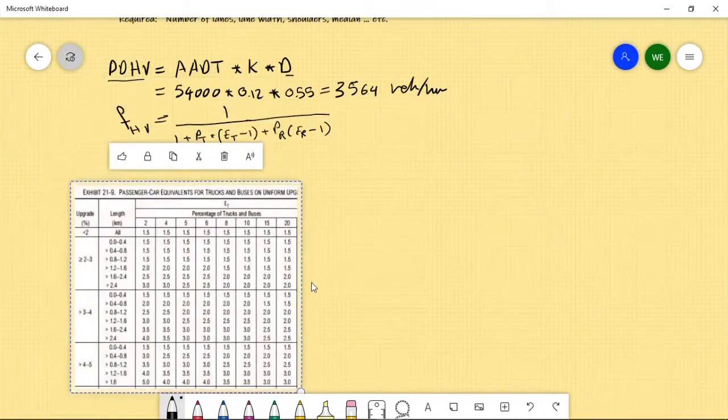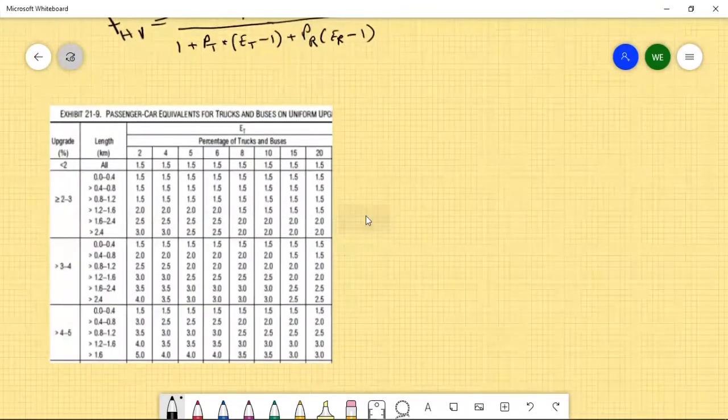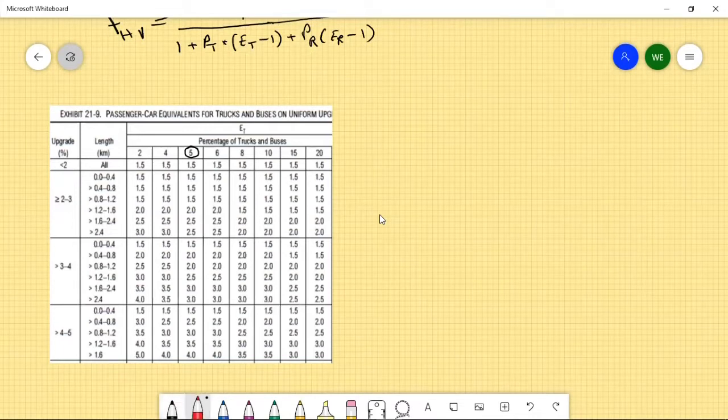Let's look carefully at it and try to find the equivalent for trucks. The percentage of trucks and buses is 5%, so this is the column of interest for us.